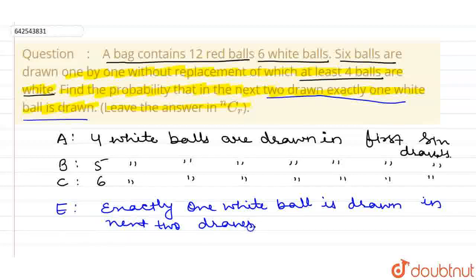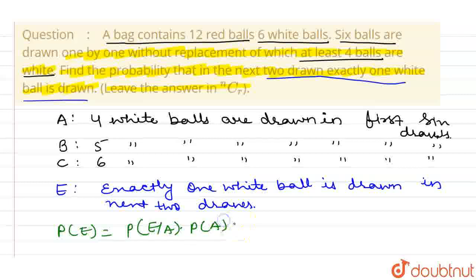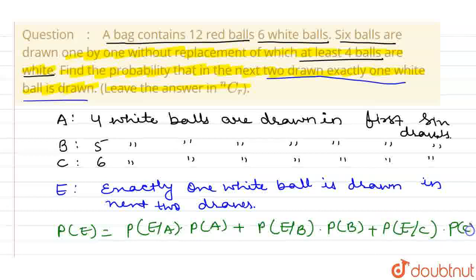So I can write P(E) = P(E/A) P(A) + P(E/B) P(B) + P(E/C) P(C), applying conditional probability.